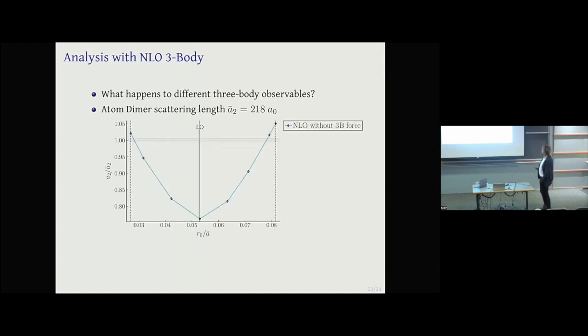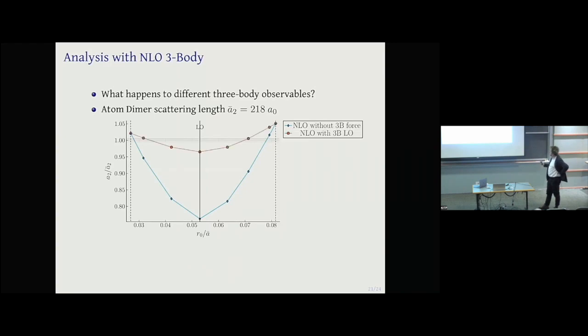These are the results. So if we just calculate the atom-dimer scattering length at NLO in the two-body sector, but without any three-body force at all, this is the result. So we are quite far from the small band. I remind you that it is the 5 per 1,000 band.